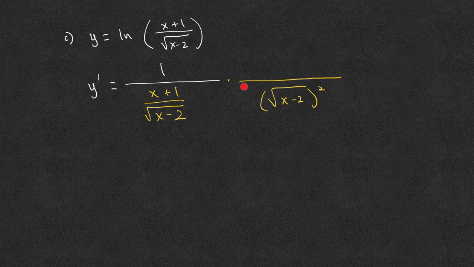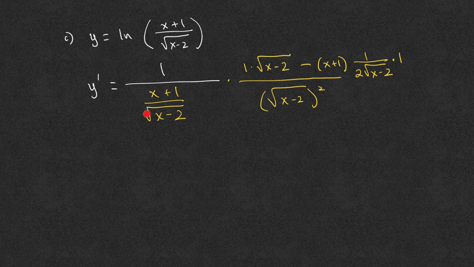For the numerator in the quotient rule, we take the derivative of the numerator times the denominator minus, we keep the numerator times the derivative of the denominator. The derivative of x plus 1 is 1 plus 0, or 1, times the denominator, minus, this time we keep the numerator and multiply the derivative of the denominator, which is 1 over 2 root x minus 2 times the derivative of x minus 2, which is 1.